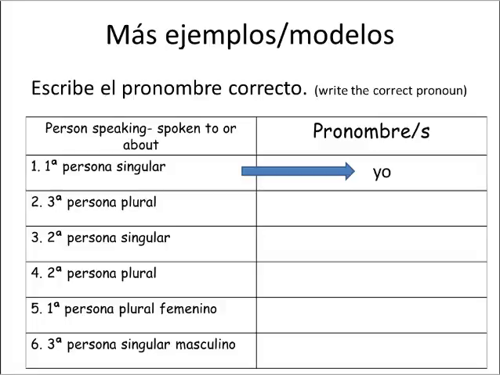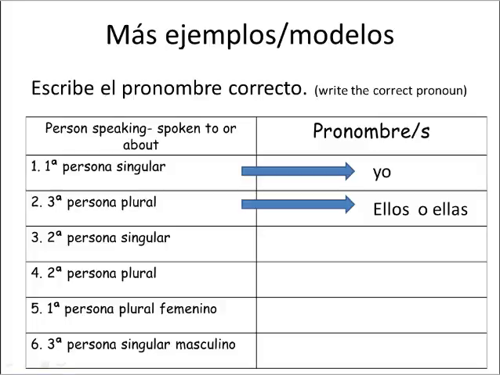So in this case, third person plural would be talking about they, since it's plural. So it might be talking about Lola and Paco and what they are doing. So in this case, the pronoun or the pronombre for third person plural would be ellos o ellas. And here you would give me both options, since I am not specifying whether I'm looking for masculino or femenino.